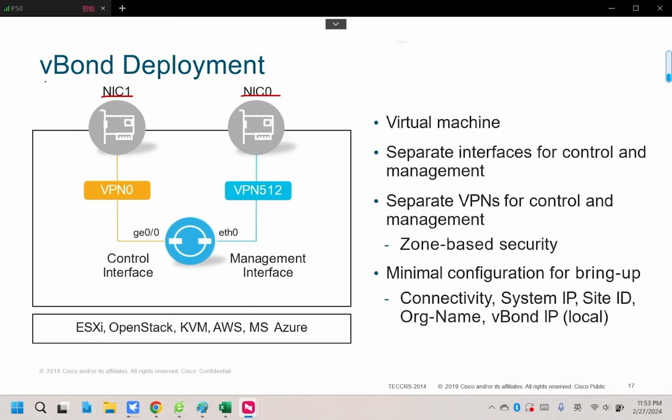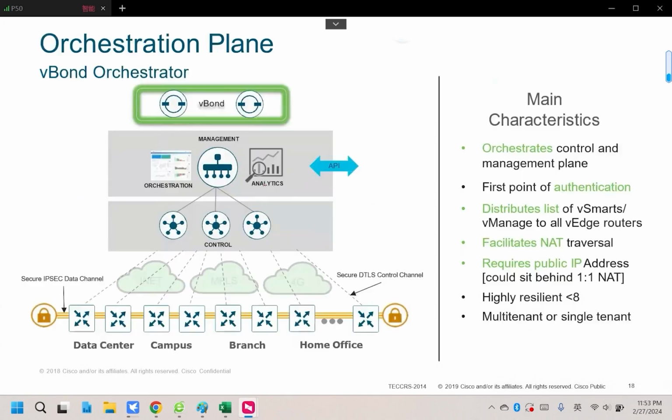It's worth mentioning that the vbond ISO image is the same as our vEdge image, the same image for both roles. This is something everyone needs to be aware of. Okay, as we mentioned earlier, vbond is like DNS.